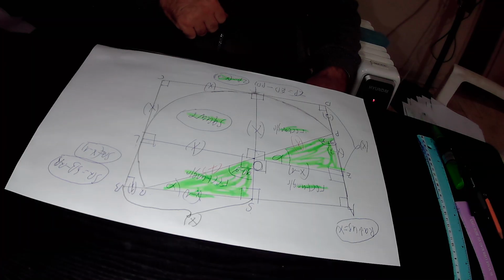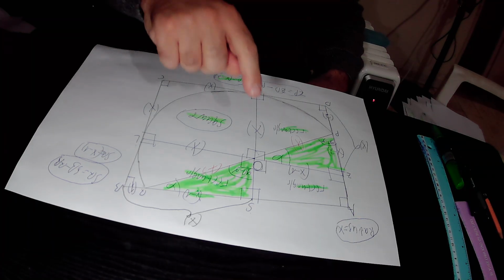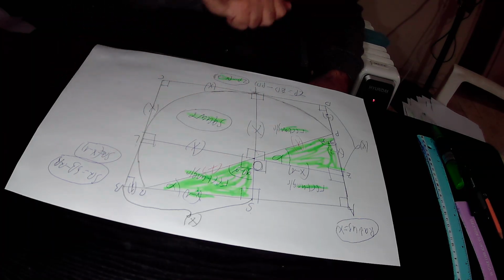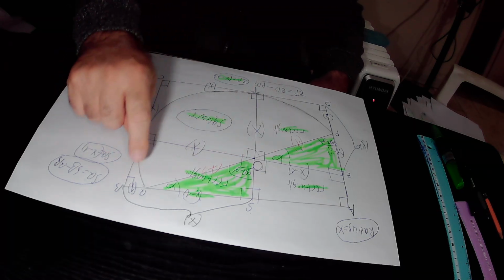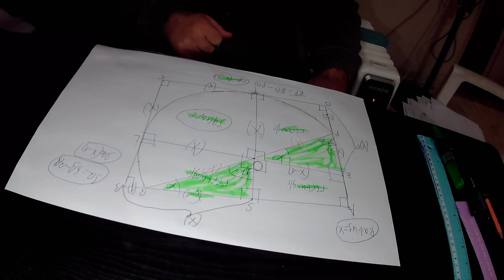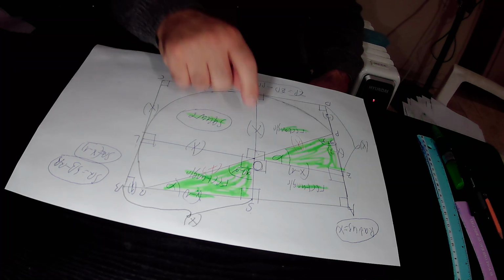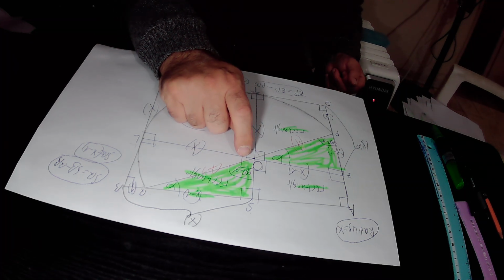By doing this construction, we added the upper quadrilateral SBLO. Inside this quadrilateral SBLO, we have 1, 2, 3 right angles, and therefore this fourth angle must be equal to 90 degrees according to the rule that the sum of the angles in any quadrilateral is equal to 360 degrees.